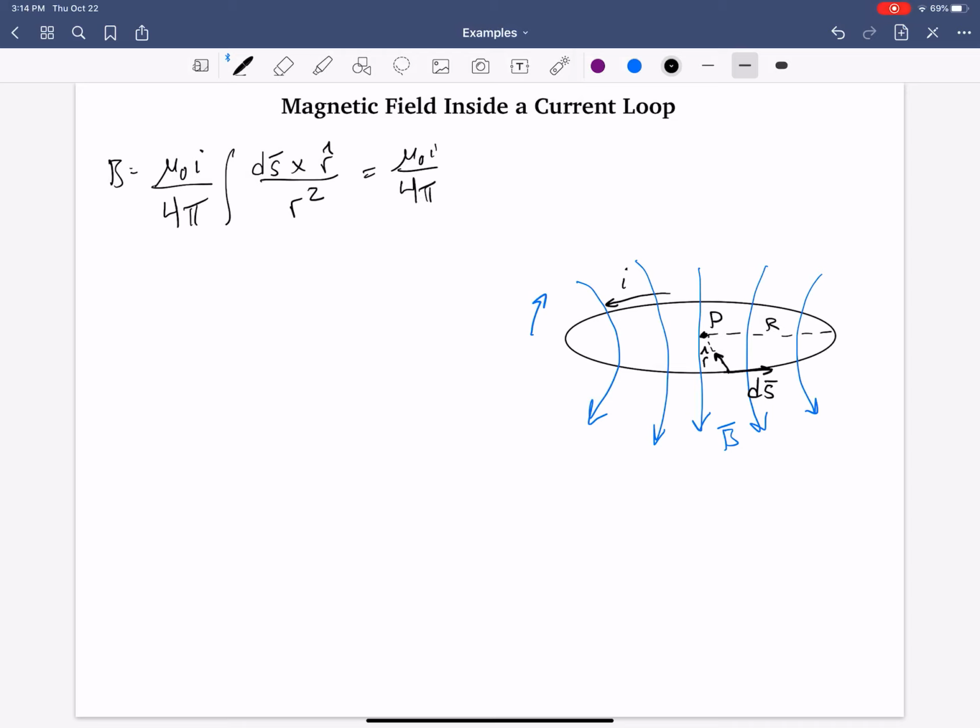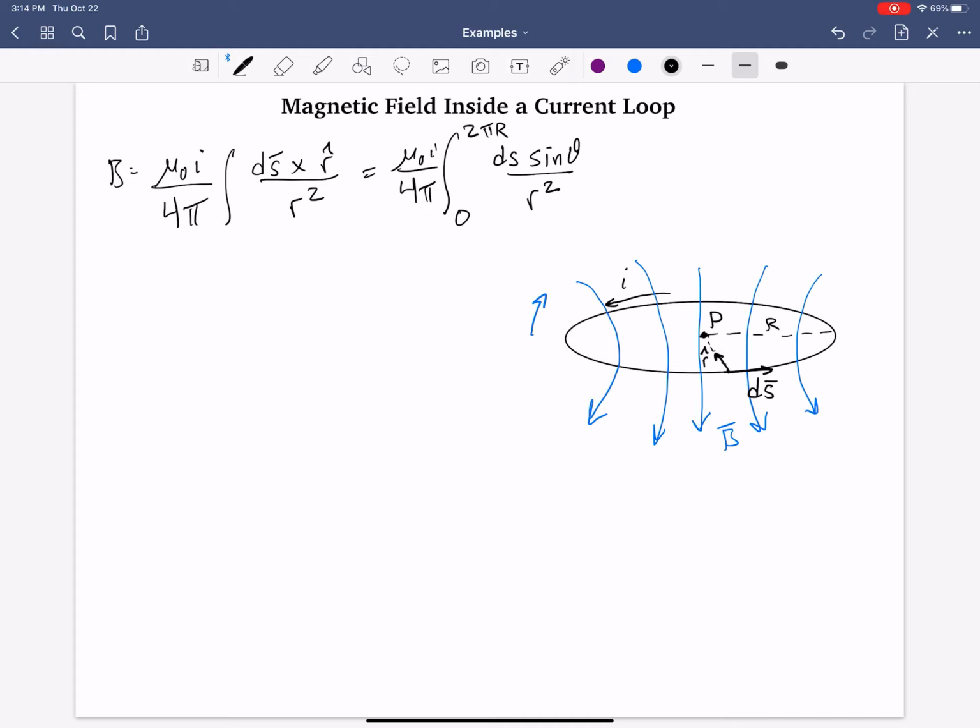4 pi, we're integrating all of those ds's. So it's the integral from 0 to the total length S, which we just know as 2 pi capital R. And the cross product becomes the magnitude of the first times the magnitude of the second, which is 1 because r hat is a unit vector, times the sine of the angle in between, over r squared.